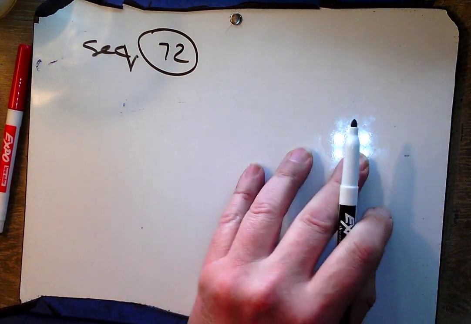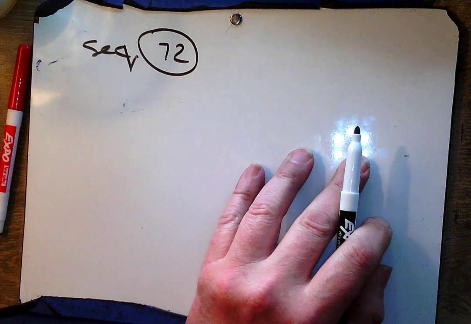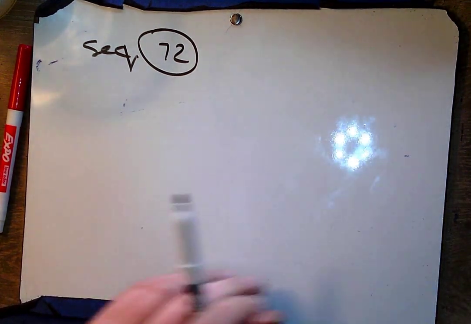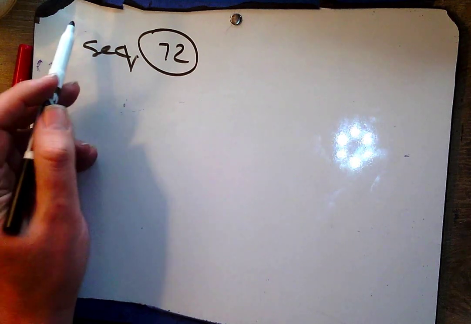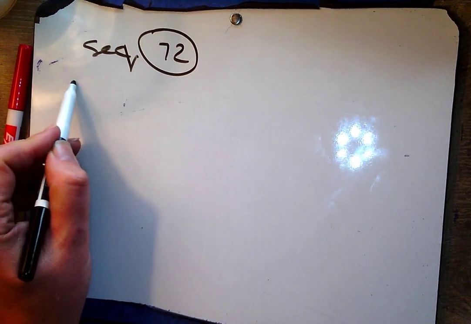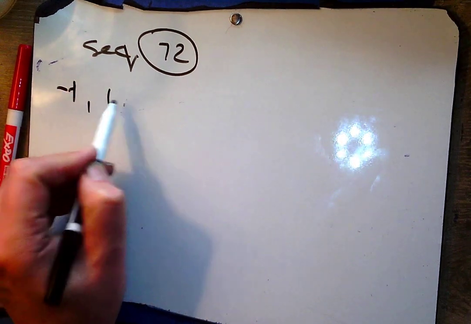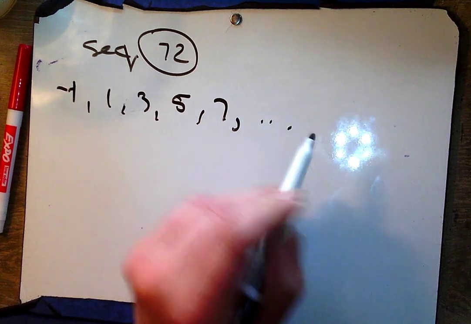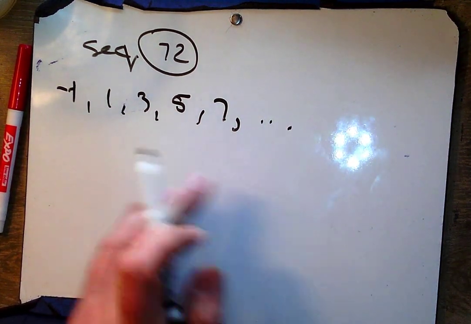We're going to continue our discussion about using these rules for sequences. Why don't we start with this? We've got -1, 1, 3, 5, 7, and so on.